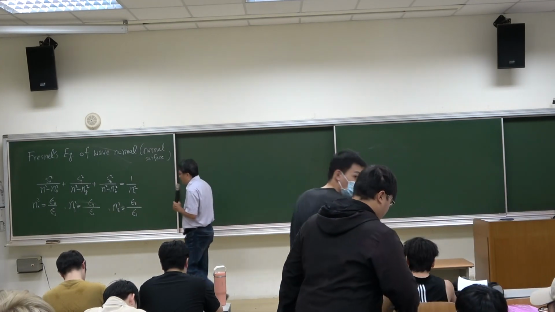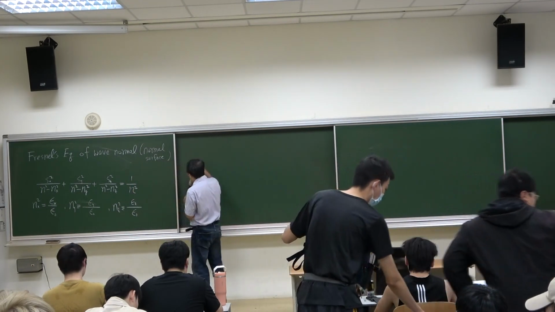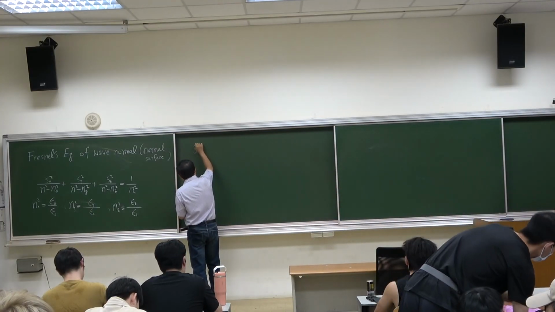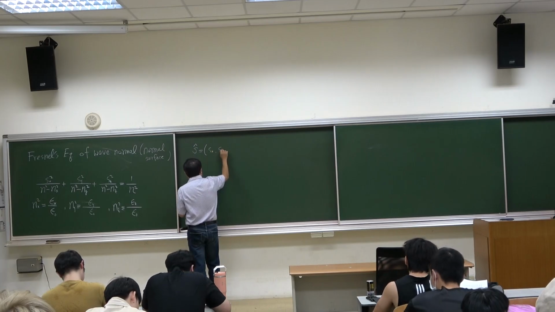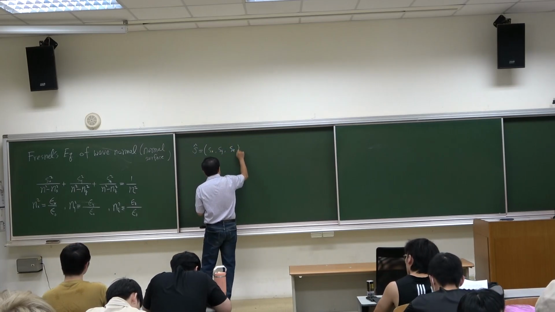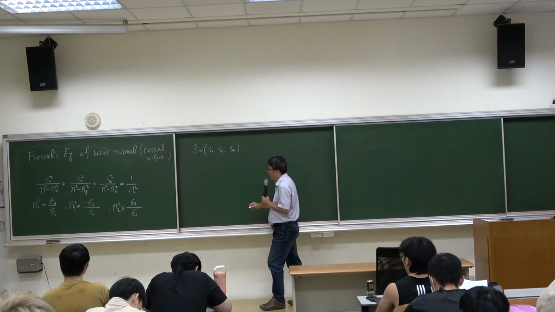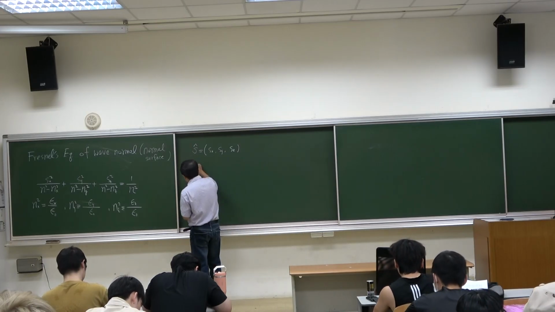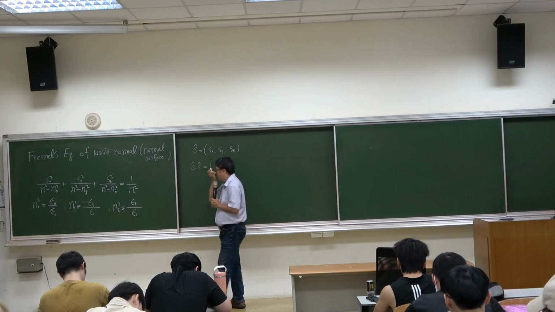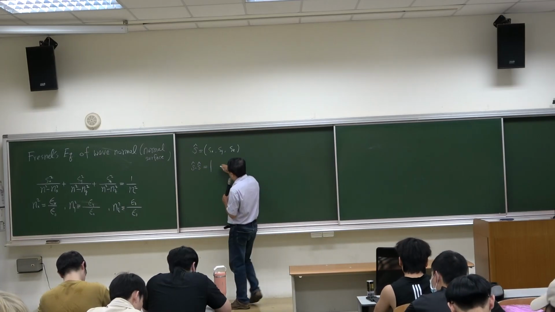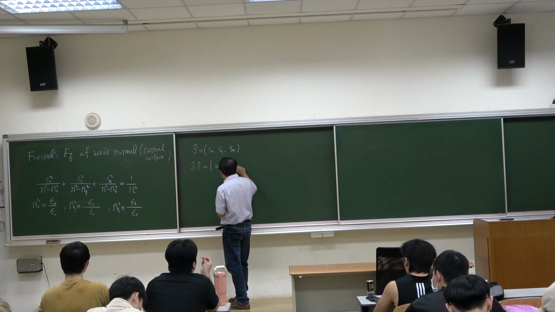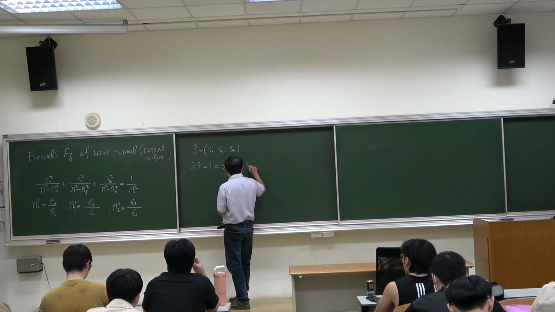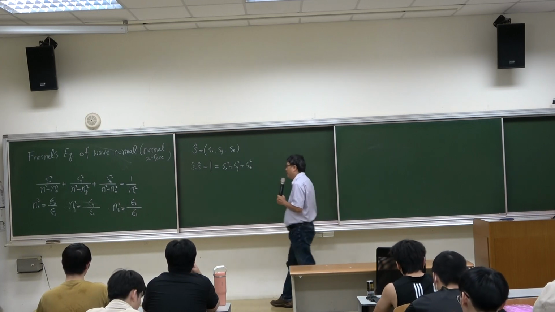And then you consider a propagation direction S with three components Sx, Sy, and Sz. S is a unit vector, so this is the sum of the three square terms.